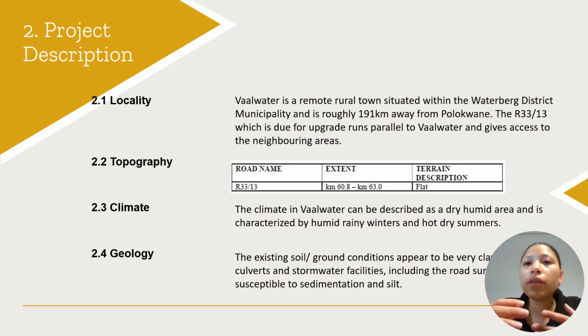So a bit more of the project description. As previously mentioned, the road runs adjacent or parallel to the VAALWATER community, which is in the Limpopo province, and the road has reached its life expectancy, and therefore we've been tasked to do a design for the upgrade of the road.